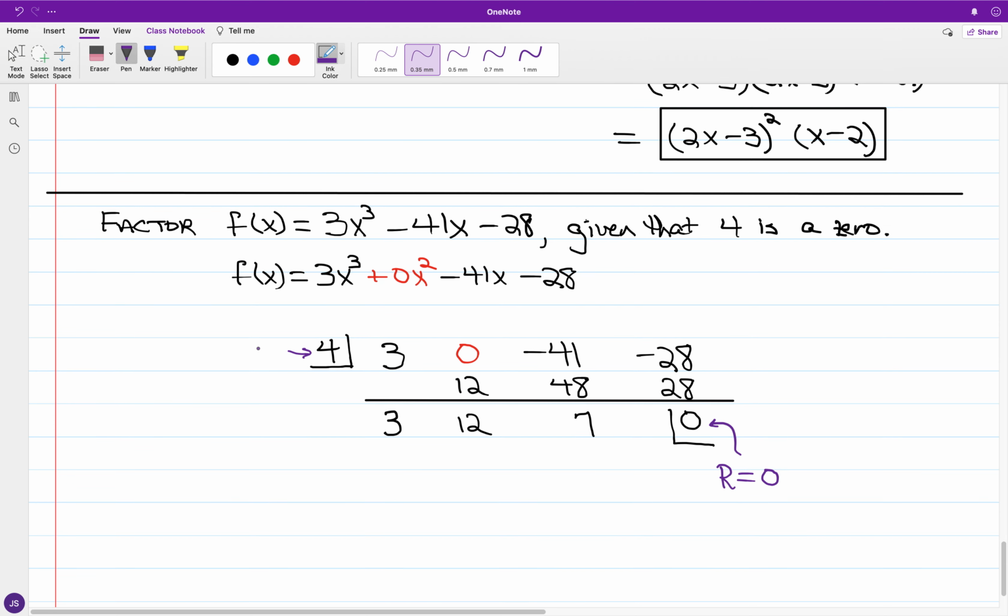For the divisor, we have x minus 4. And for the quotient, we have 3x squared plus 12x plus 7.